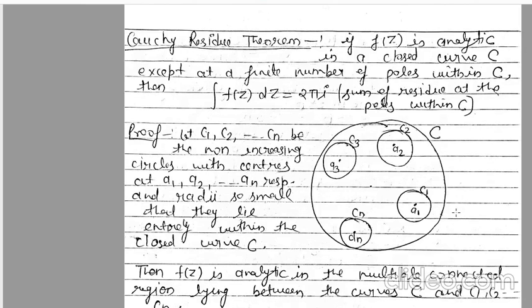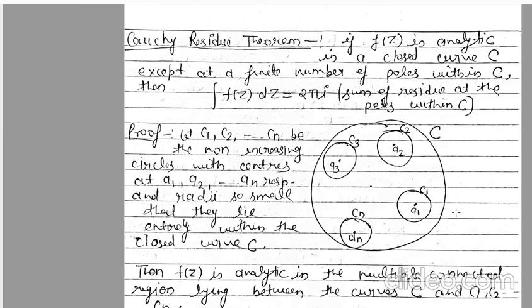The Cauchy residue theorem: if f(z) is analytic in a closed curve C, except at a finite number of poles within C, then the integration of f(z) dz is equal to 2 pi i times the sum of residues at the poles within C.